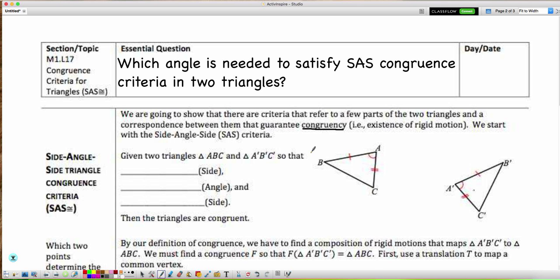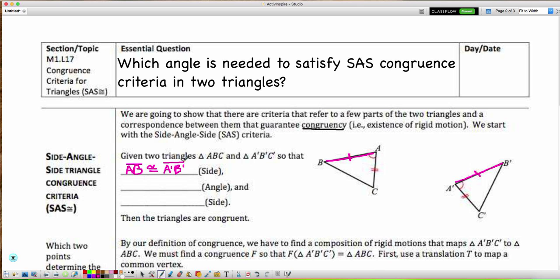When identifying this, for the sides, AB is congruent to A prime B prime, and I know that because they both have one little tick mark through them, or one little dashed line, however you want to think of it. So one side that they share is AB, congruent to A prime B prime on the other triangle.